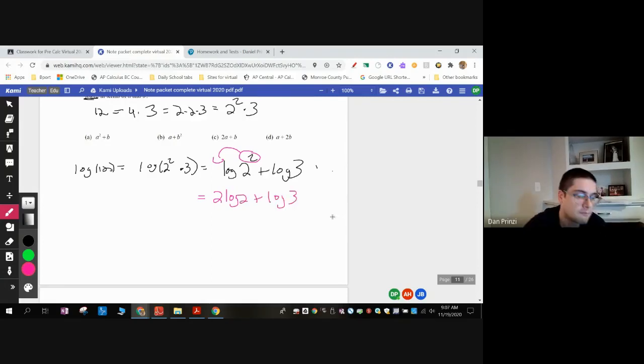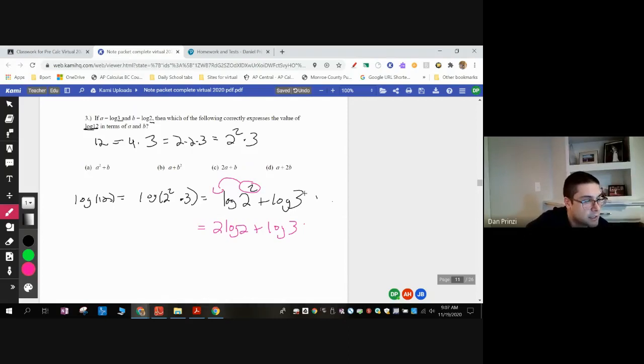Okay. Is everyone okay to there? The problem kind of hinted at it. Now you go back to what it talked about. What does log 2 equal? Log 2 equals b. See? So it's going to be 2b. Log 3 equals a. Your answer is 2b plus a. So which one is that? D. That used to be a common Regents question.